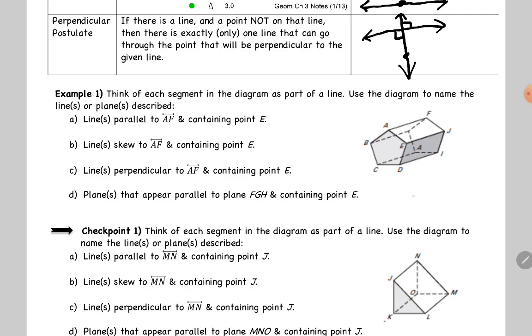But if we did have AF here, so here's A and F, a line perpendicular to that would be something that looks like this, and it would create right angles.